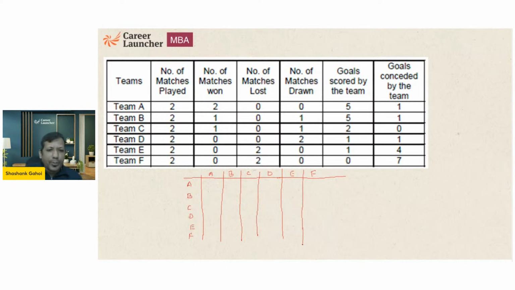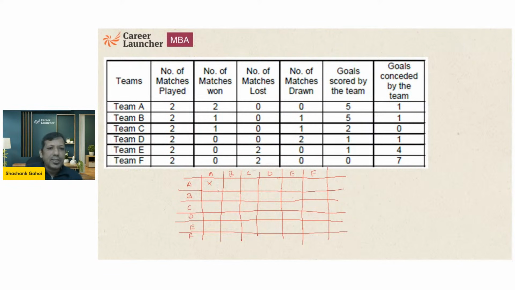It may be football, it may be hockey, or whatever it is. Now I'm going to see who's going to play against whom. First thing I am going to say is that A is not going to play against A, B is not going to play against B, C is not, D is not, E is not, and F is not. So this is what I know.